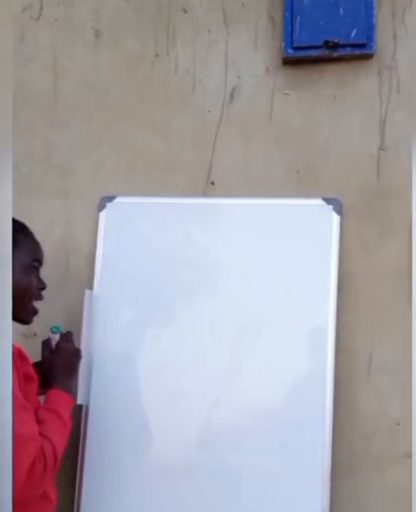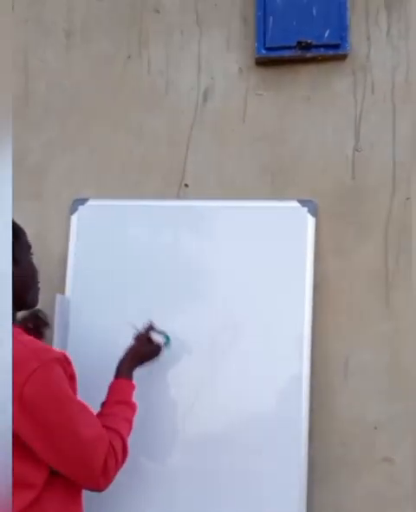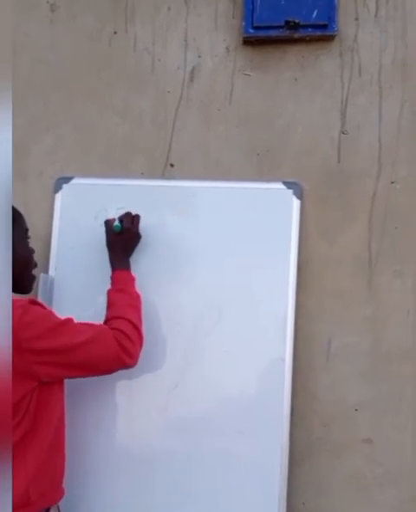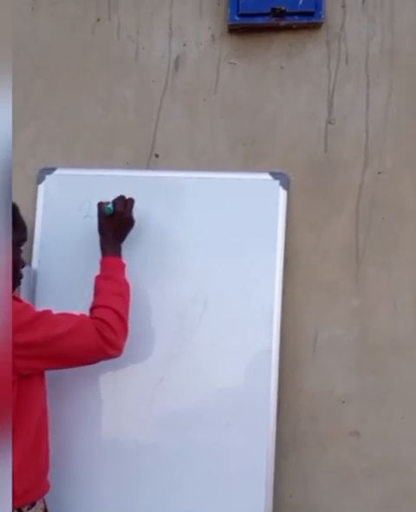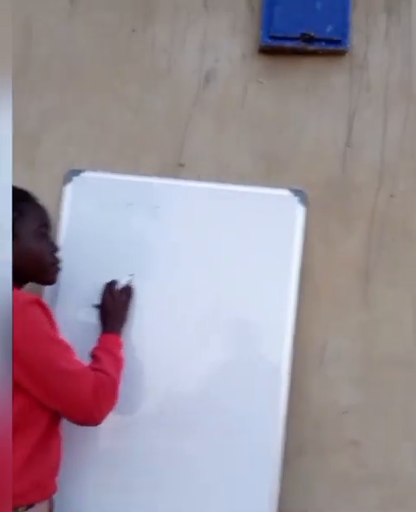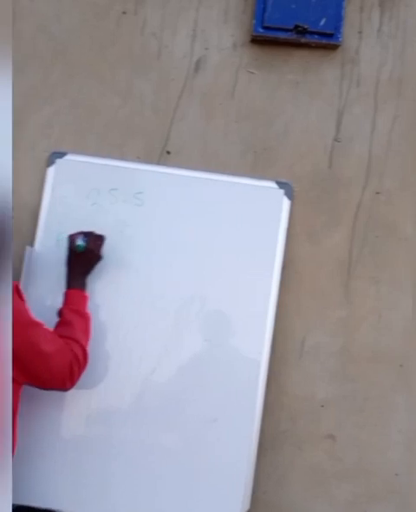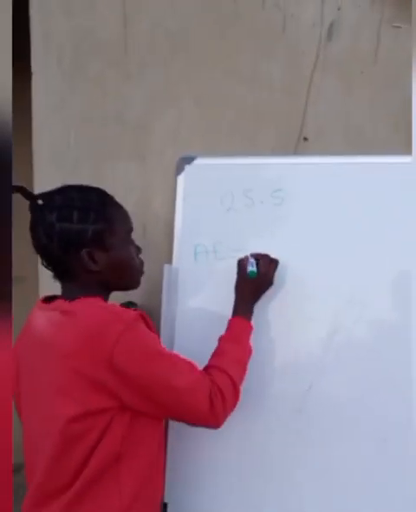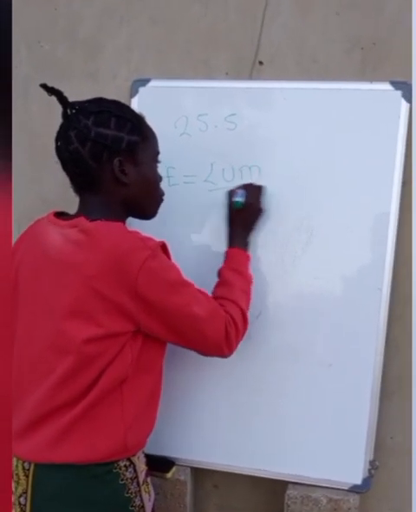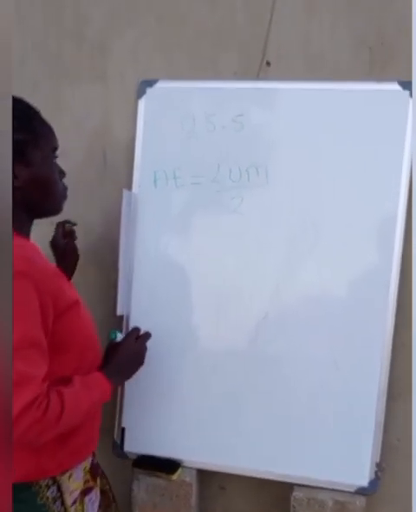Now, for example, if they give you a question saying we have 25.5, and they say you find the absolute error. AE stands for absolute error, which is equal to the least unit of measurement over 2.